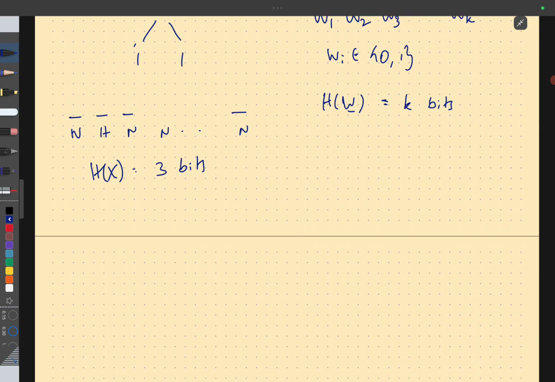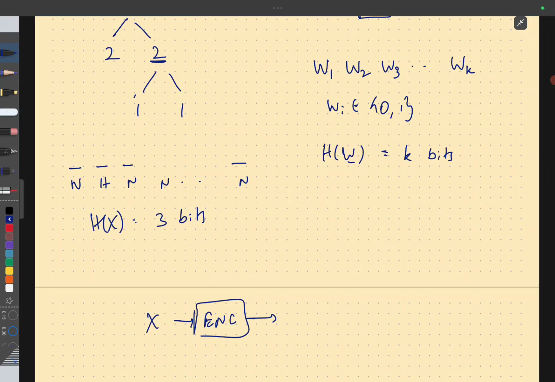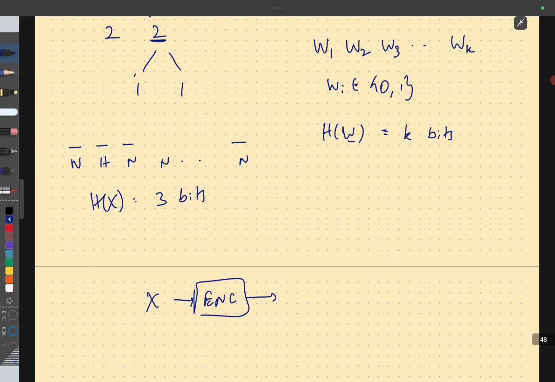Another way of interpreting this is the following, right? You have the source X, and your goal is to design a series of experiments or series of measurements, which can be interpreted as a sequence of yes or no questions, right? In this case, yes or no questions could be, is the left side heavier than the right side?